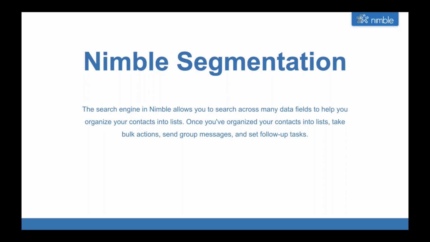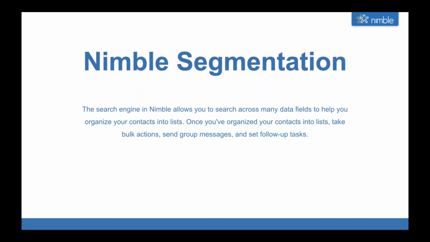So that's why we spend a lot of time developing the segmentation feature in Nimble, because we feel it's one of the most important things to be able to quickly access your data and be able to do the next steps with them.